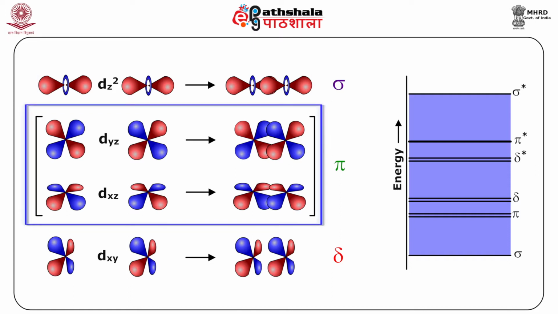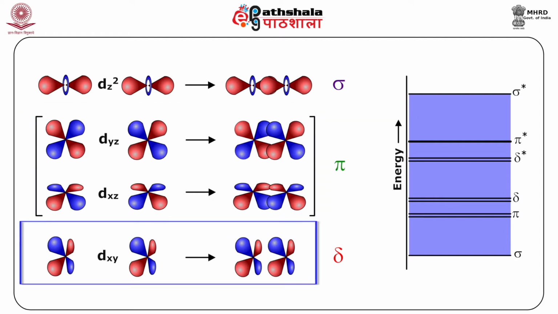The two pi bonds can be formed by the overlap of the dzx and dyz orbitals. The delta bond can arise from the face-to-face overlap of dxy and dx²-y² orbitals.